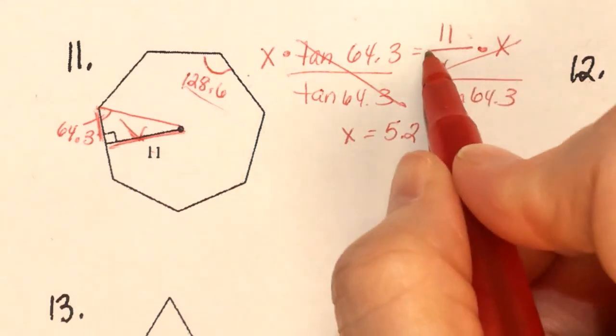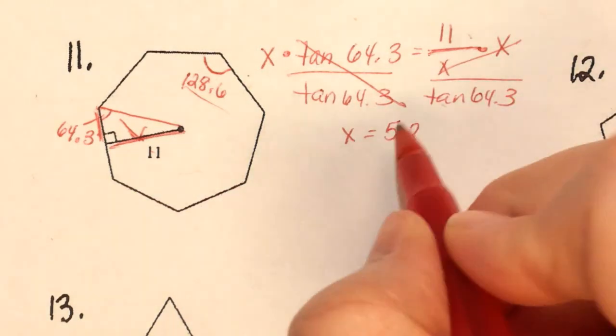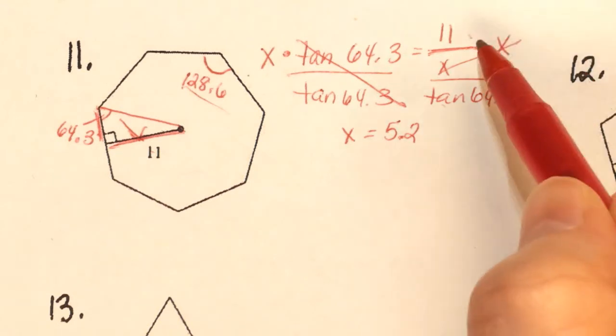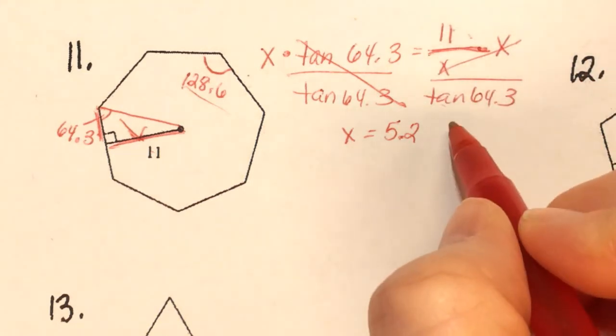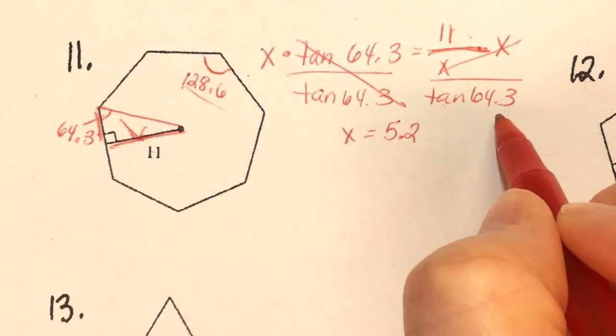Verify that. 11 divided by tangent of 64.3. Okay, see, that's why we verify, because we got two different answers. Somebody, a third person. It's not 6.8 or 6.3, it's 64.3.